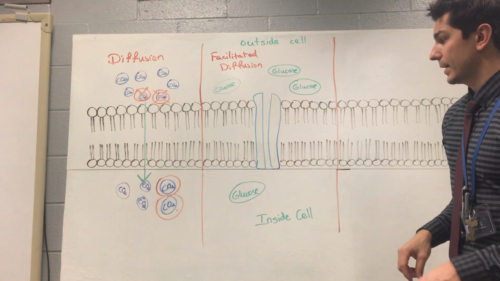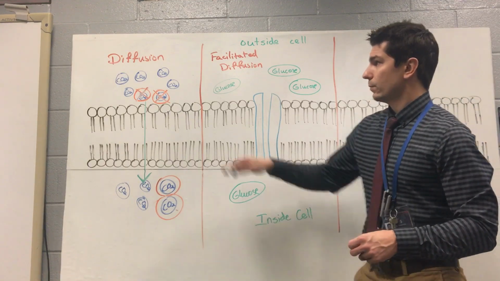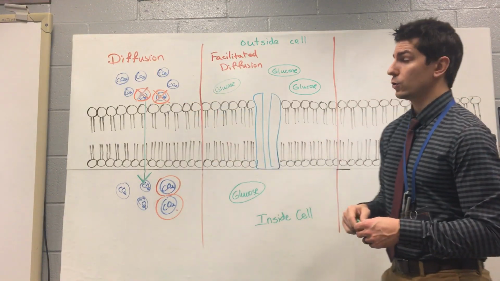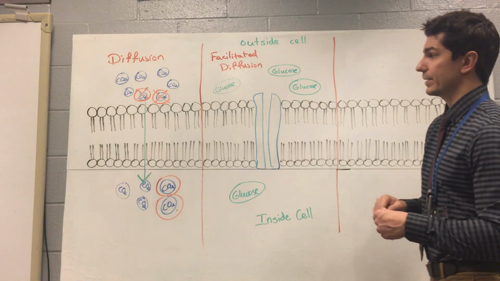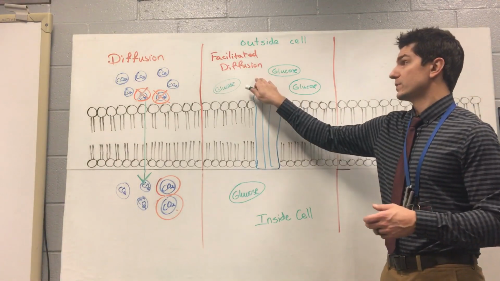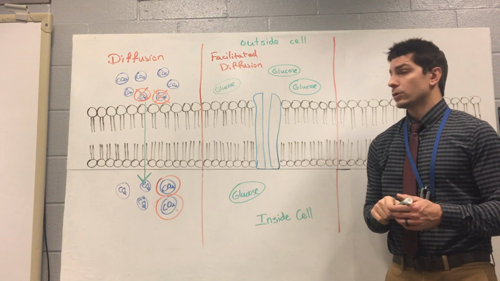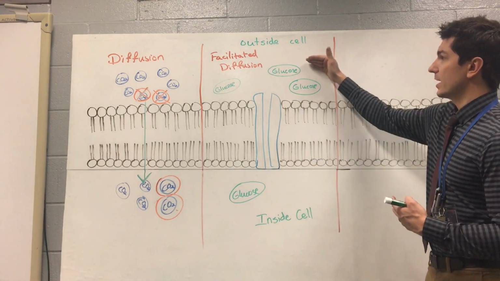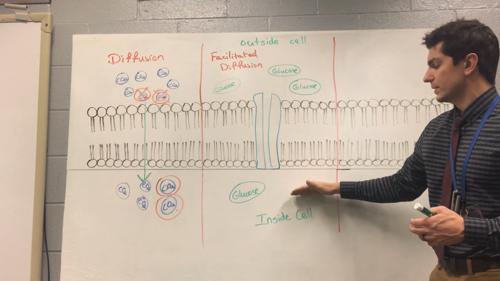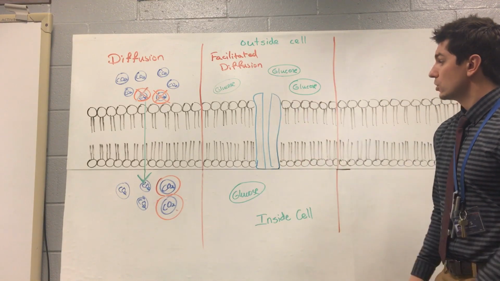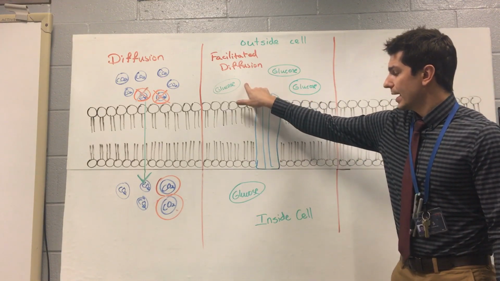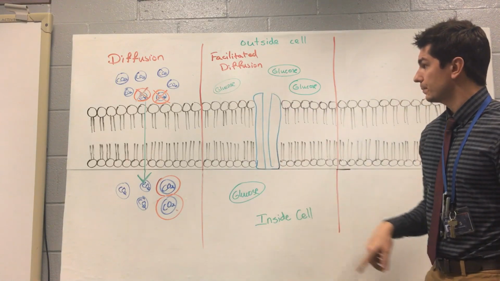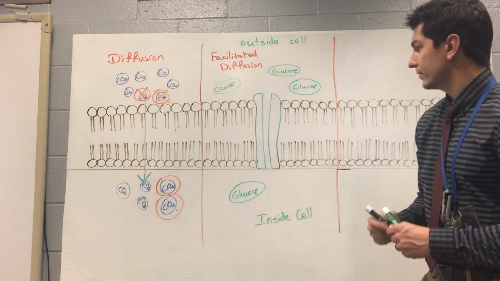And what's going to happen here, guys, is once again, if you remember for diffusion, our goal was to reach equilibrium, or the same amount on each side. This is also the goal for facilitated diffusion. We are also going to try to reach equilibrium on each side of the cell membrane, whether it's outside of the cell or inside of the cell. We want the same number. So we got 1, 2, 3 outside. We got 1 inside. We're going to have to move one of these.